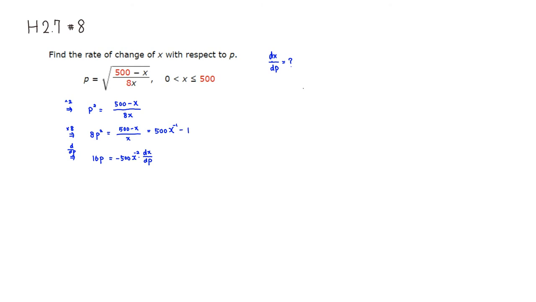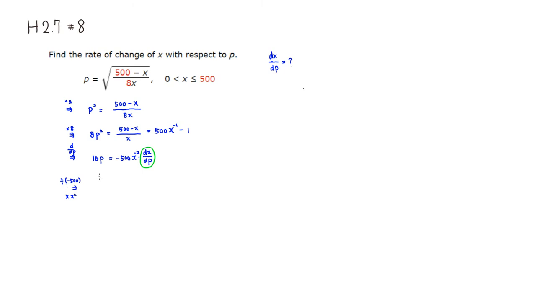So we need to isolate dx over dp, which is what we're looking for here. First, we're going to divide through by negative 500, and also multiply by x squared.